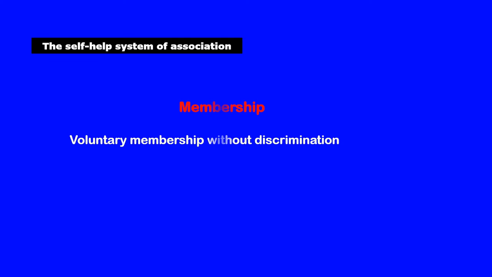Mutual action can only be a voluntary activity and not the result of any form of compulsion. Members should be able to join and to leave freely, but without leaving behind any burdens upon the remaining members.